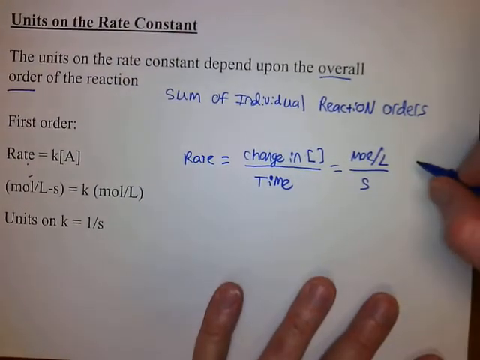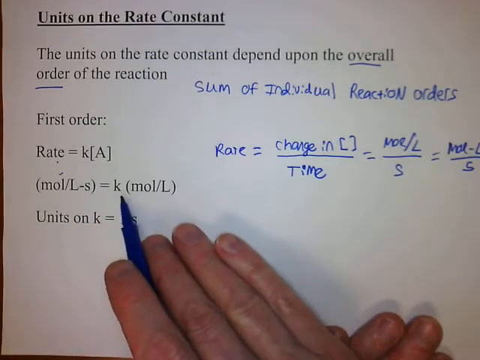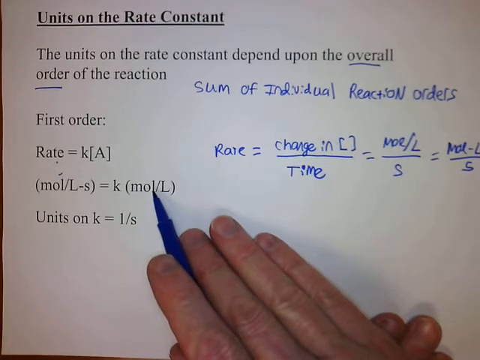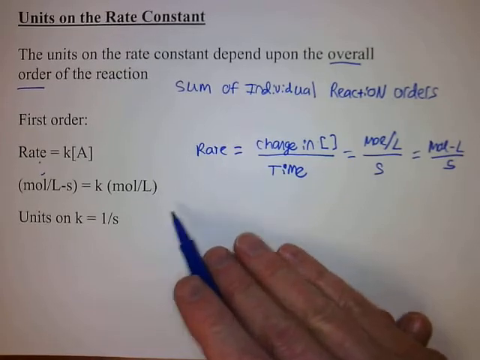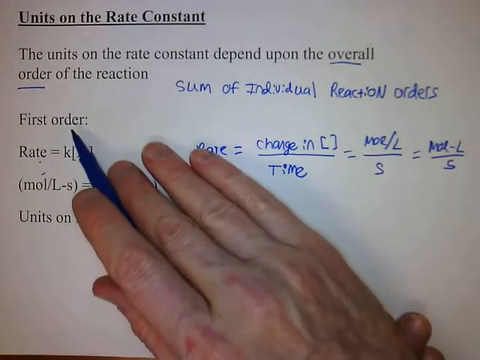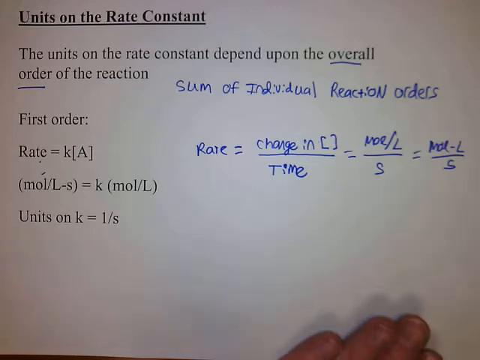So your rate is going to have units of moles per liter per second, right? So moles per liter per second is equal to k, and the brackets is concentration, right? So that's moles per liter. And so the moles and the liters will cancel, and that's going to give us units of 1 over seconds. So if you have a reaction where the overall order is 1, the units on the rate constant are simply going to be 1 over seconds.